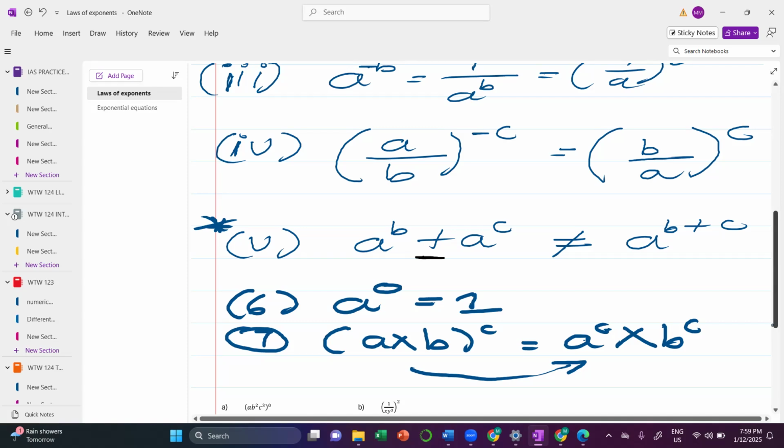We keep the operation, but we now give each different variable the same exponent.